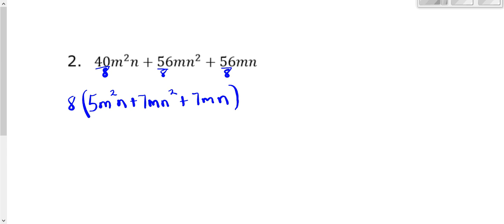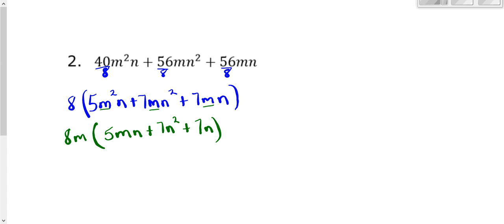Okay, so another common factor I can see that all three have is m. So now I can also take out m. So I have 8m as my factors. So dividing every single one by m, now I have 5mn plus 7n squared plus 7n.